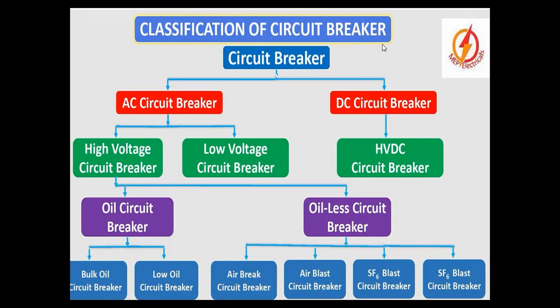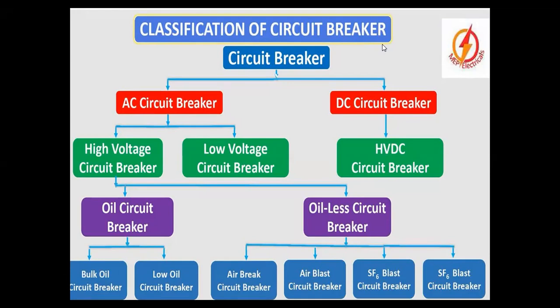So this fixed contact is fixed and the moving contact is just touching it, and we can move it to separate the two contacts. But the drawback is that it produces an arc, and when the arc is produced, it continues the flow of current in the circuit.